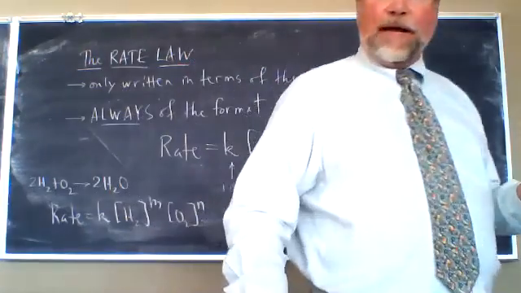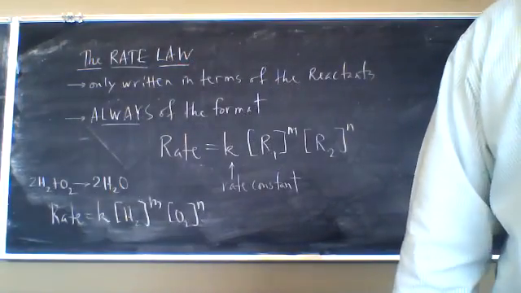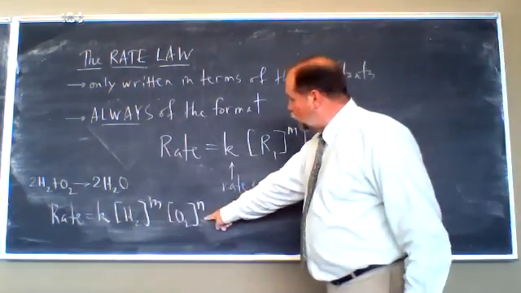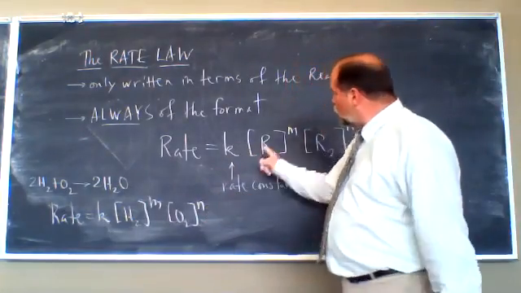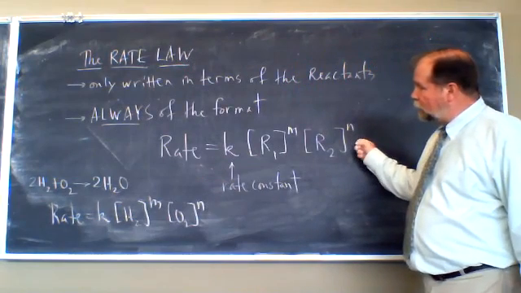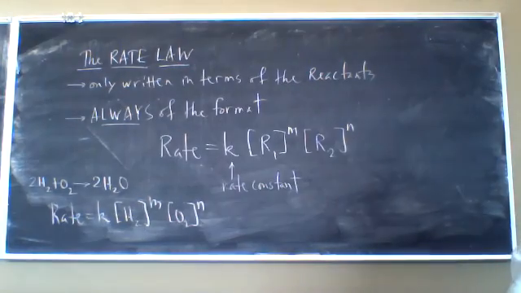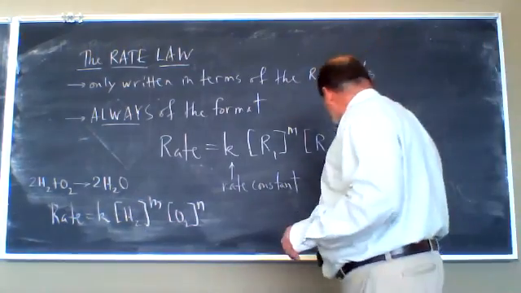We don't know what m and n are. That's what we'll learn to work with tomorrow. For right now, I want you to recognize the rate law that we just wrote is in the exact same format as the general format that we just wrote. All right, we'll pick up there tomorrow.